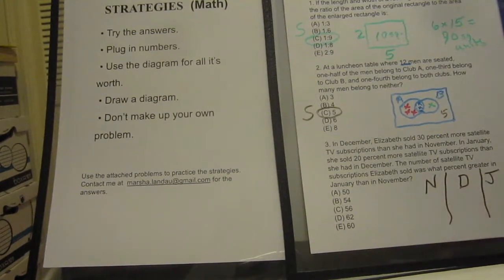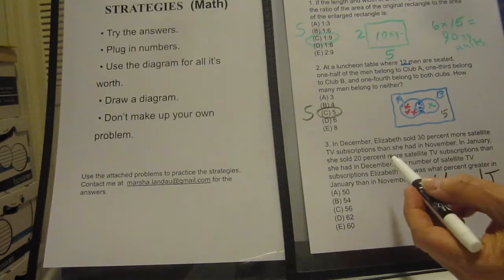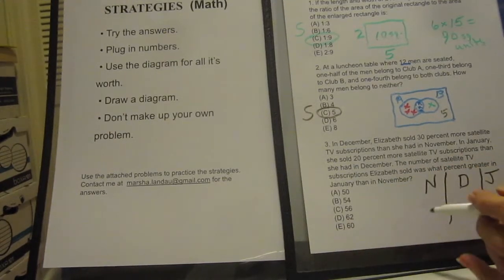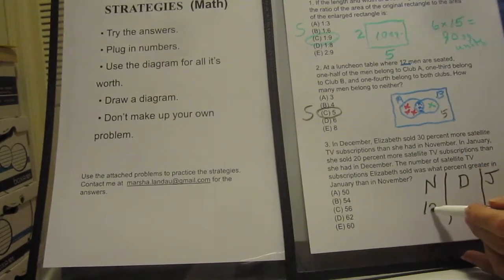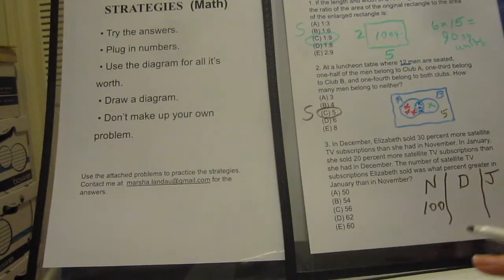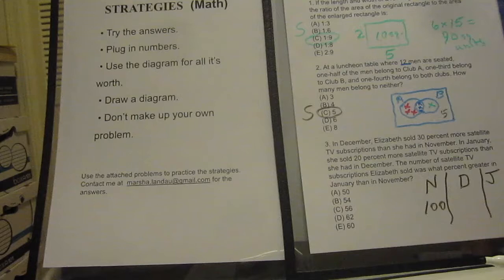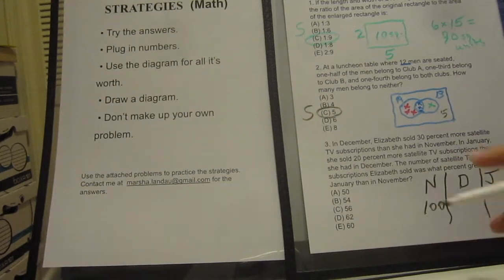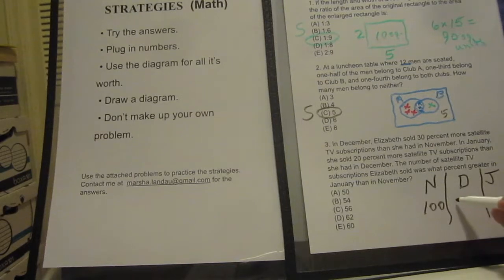When I see %, I always like to plug in 100. So let's say that she sold 100 in November. Then she sold 30% more in December than in November. So 30% more than 100 would be 130.